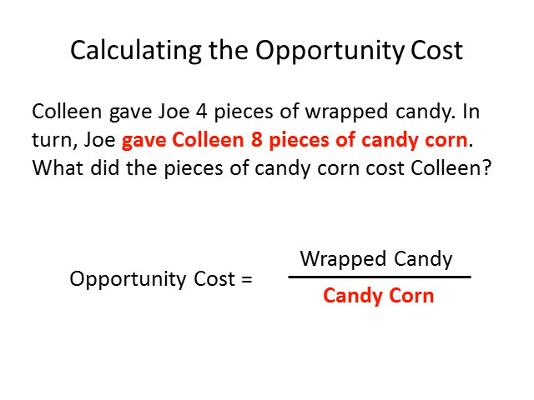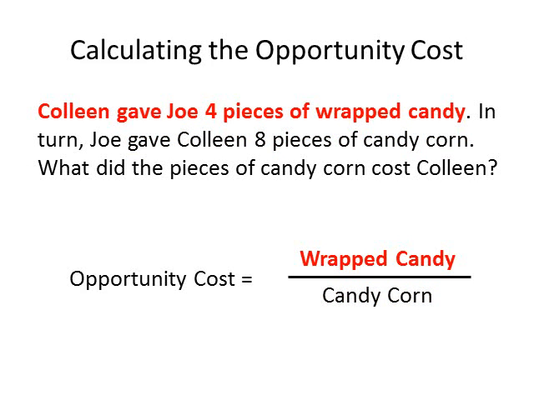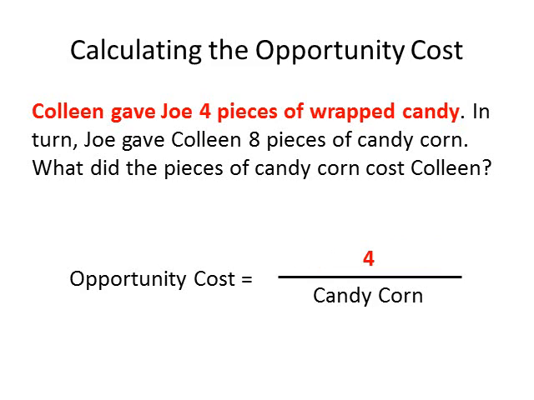In this case, Colleen gained candy corn. Next step is to substitute in the amount of what was given up into the formula. Since Colleen gave up 4 pieces of wrapped candy, we will substitute in 4.